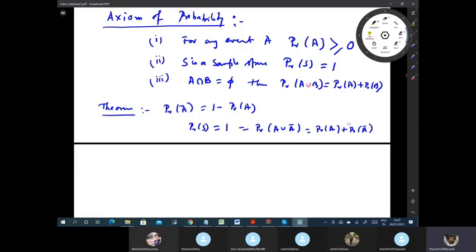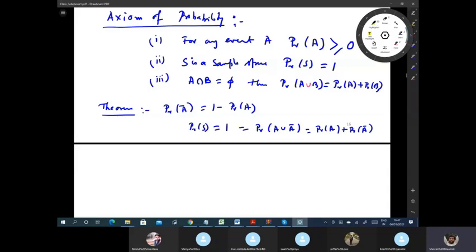Now the other thing you could do is an experiment. You can flip the coin again and again, and suppose you flip a coin 10 times, you might get 8 heads and 2 tails. But if your number goes to infinity, say 10,000 or 1 lakh, then gradually you will see that the number of heads divided by the total number of tosses is coming closer to 0.5. That is called the relative frequency approach.